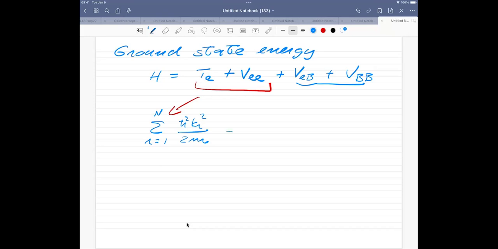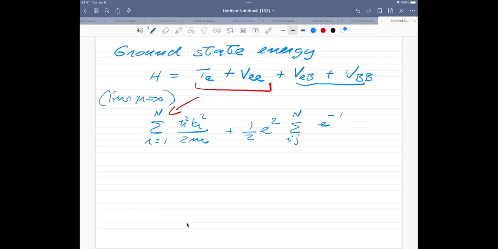Then what I have is a plus, and we have a repulsive term with e squared, and a sum over all the electrons i, j up to N. I'm introducing this convergence factor because later I'm going to take the limit of mu going to 0.